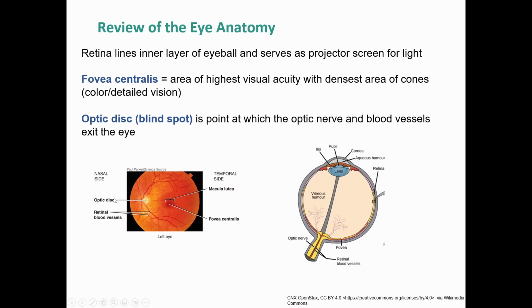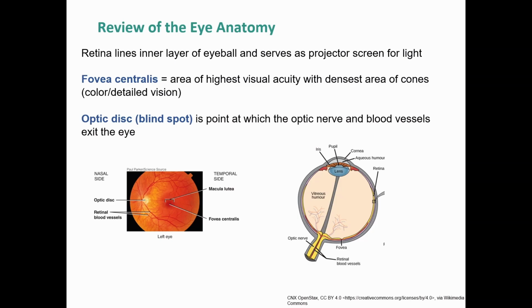Near this though, a little bit to the side, right towards the nose, we have another spot called the optic disc, also called the blind spot. This is where your optic nerve and blood vessels connect to the eyeball, and because the optic nerve is there, we cannot have any rods or cones.